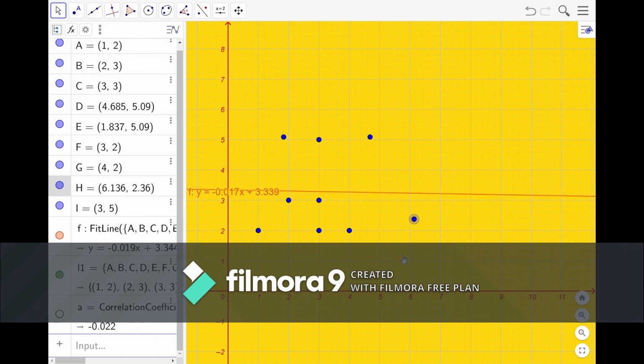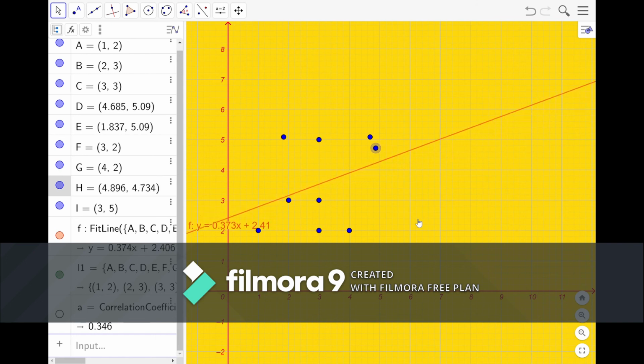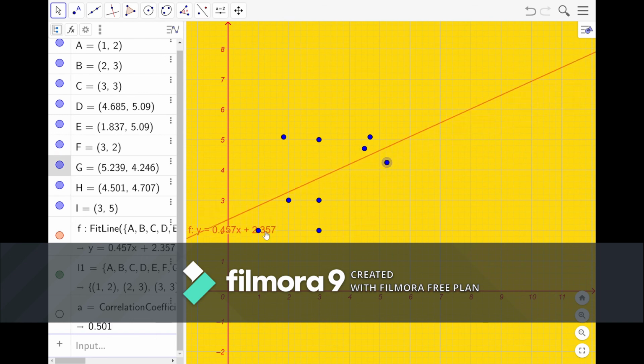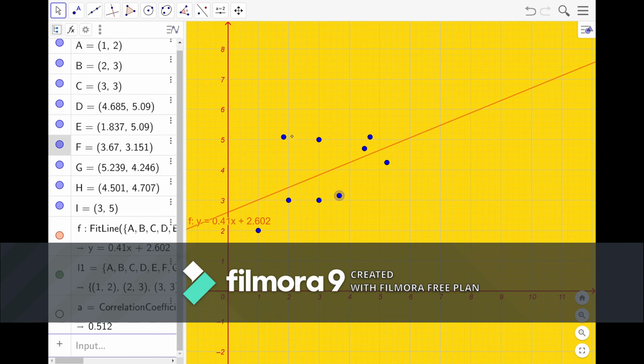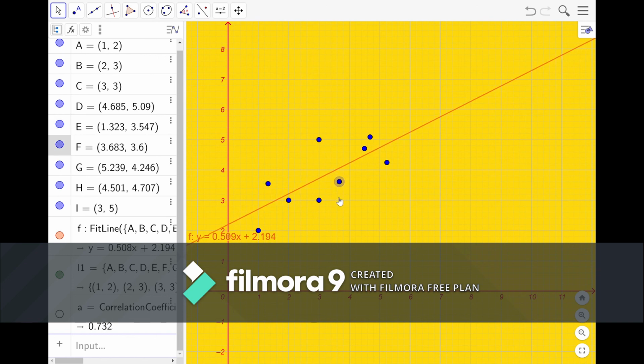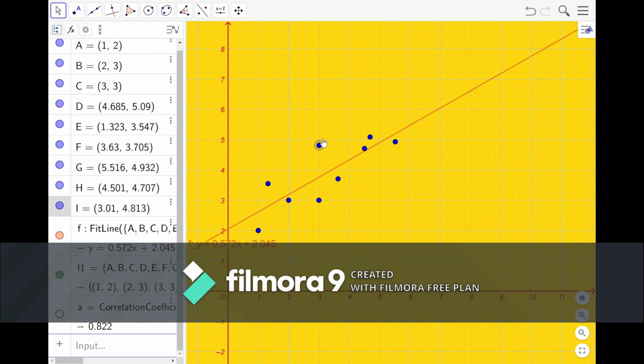When I move this, it becomes a positive slope. See, at one stage it becomes 0 and then it goes to positive. Now it becomes a positive slope, and when I change these points, the slope increases and the correlation coefficient also increases. And suppose the points are coming closer and closer to the line, see, you get that the coefficient is 0.905.